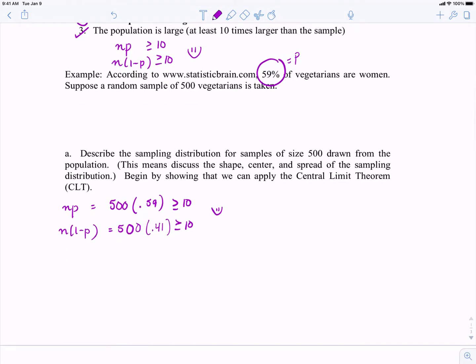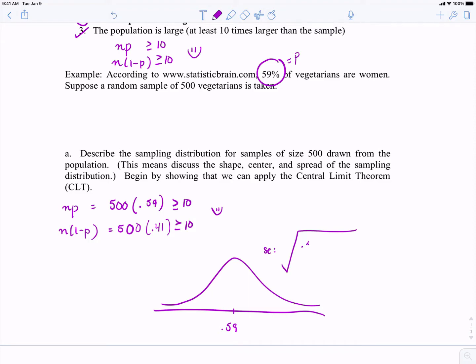So what does the central limit theorem say? It says that the sample proportions will vary from sample to sample, but the sampling distribution of them will look like this. The center will be at the population proportion, which is 0.59, and the spread, the standard deviation of this distribution, which is called the standard error, can be found by doing this formula.